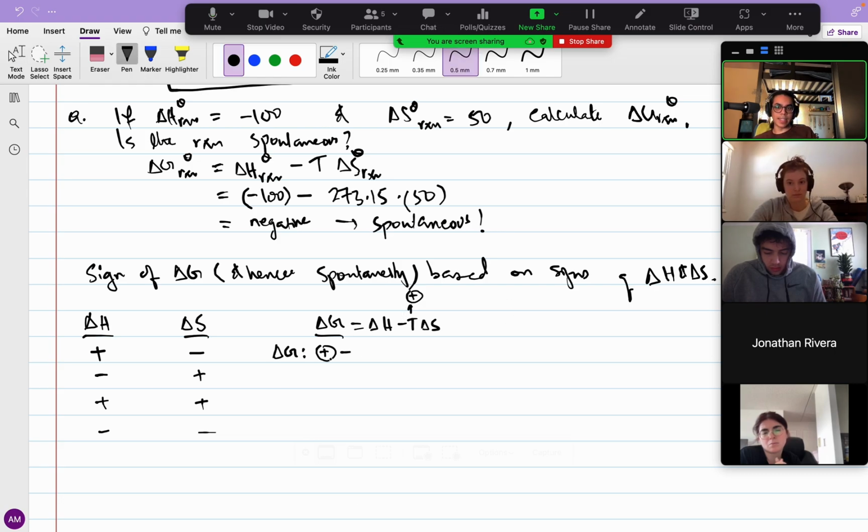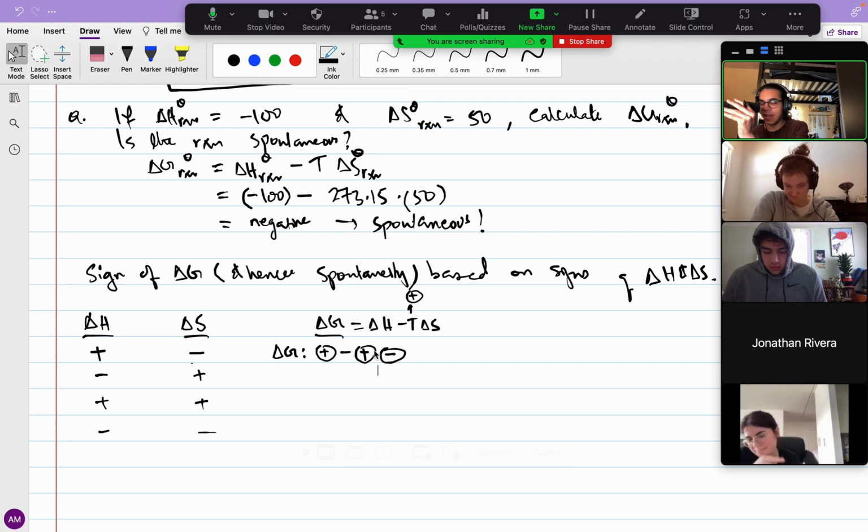Okay, so delta H is positive, minus temperature, which we know now is always positive, and delta S in this case we've taken to be negative. Cool. Let's do some mental math. We should do the multiplication first. What's a positive times a negative? Negative, okay.